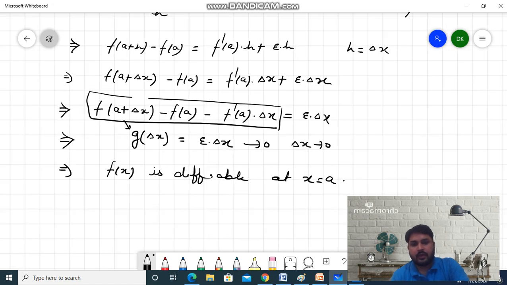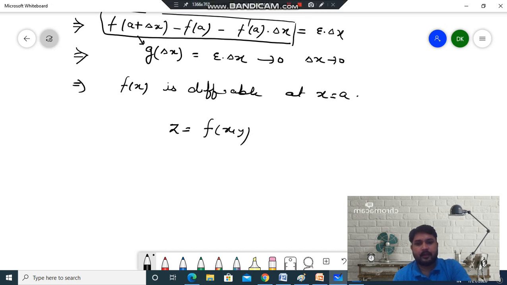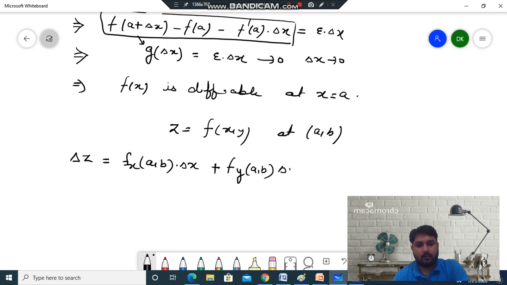In the case of a function of two variables, we will use this approach. Suppose we have a function of two variables z is equal to f(x, y), and we want to find its differentiability at the point (a, b). First we find del z, which will be equal to fx at (a, b) into del x plus fy at (a, b) into del y, and in place of epsilon we will use epsilon 1 del x plus epsilon 2 del y.